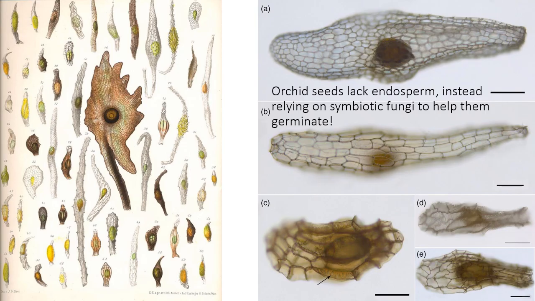In the wild, most species of orchids have symbiotic relationships with particular species of fungi, and those fungi respond to chemical signals in the orchid seeds, and they will actually feed the orchid seeds in order to power their germination.